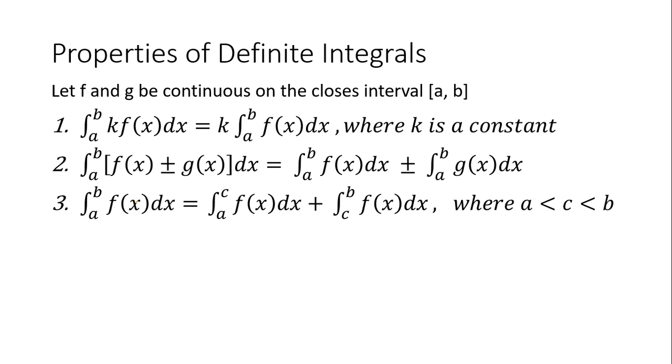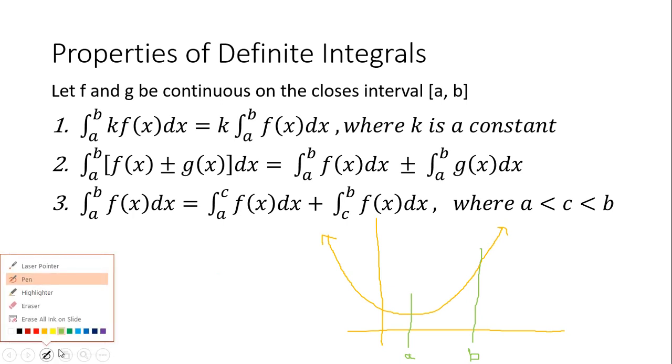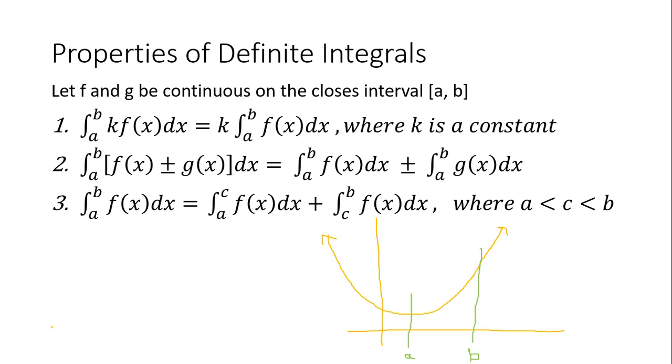Okay, now this is an interesting one, and I want you to think about this in terms of a space. So for example, let's make this graph. Okay, so let's say this is my graph going from A to B. Now this is something that would make sense geometrically. You remember from the last video, I talked about finding areas by splitting things up.